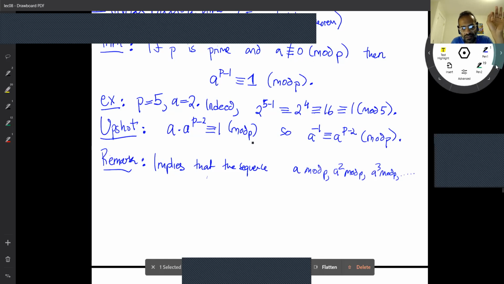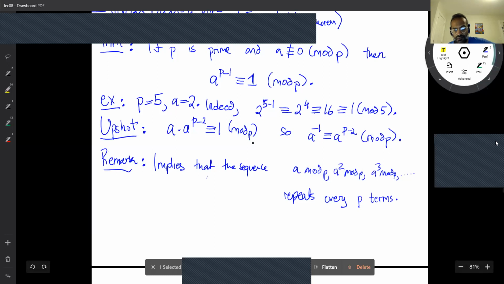Because every P minus 1 terms, you end up just multiplying by 1, right? So this repeats every, I guess, P minus 1 terms, because every time you multiply by A to the P minus 1, it's just 1. You just get back what you had.